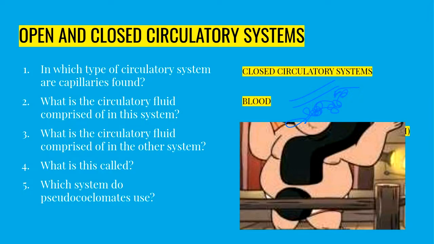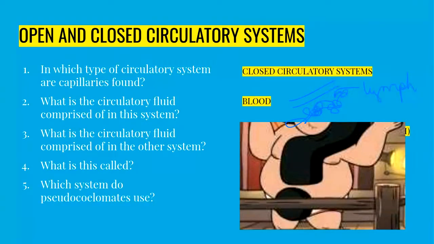I know the name of the fluid, I just can't remember. It starts with an L. One name for it is interstitial fluid, and then the other name for it starts with an L. So that fluid is called lymph as well. That's another name for it.